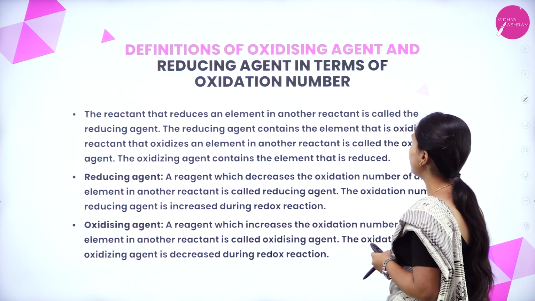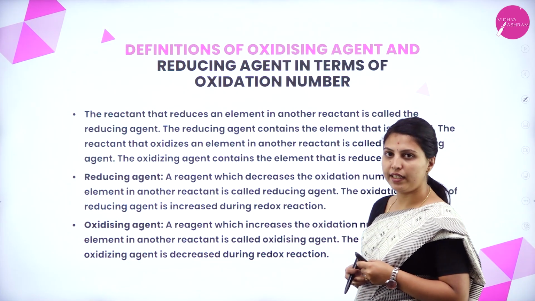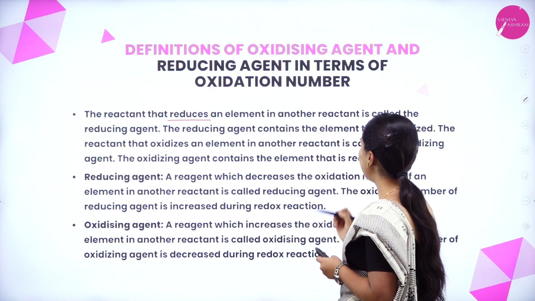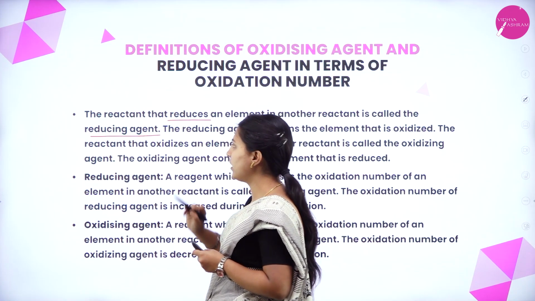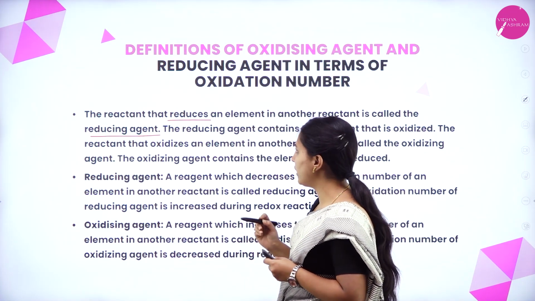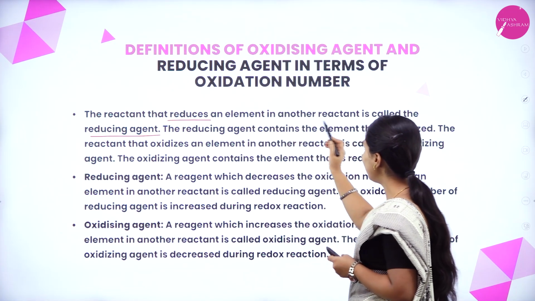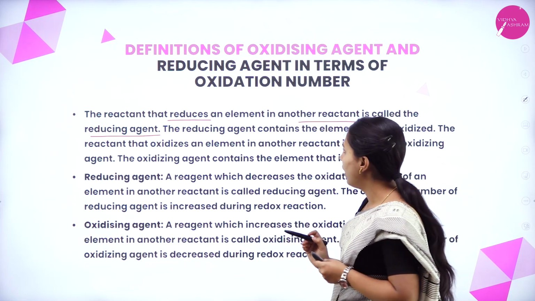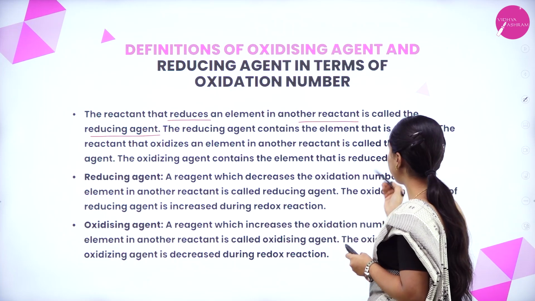Definitions of oxidizing agent and reducing agent in terms of oxidation number. The reactant that reduces an element in another reactant is called reducing agent. The reducing agent contains the element that is oxidized.